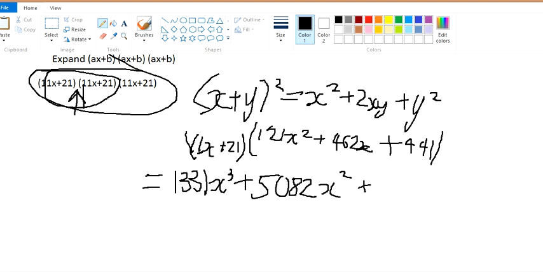Finally we have 441 times 11x. That gives us 4,851x.